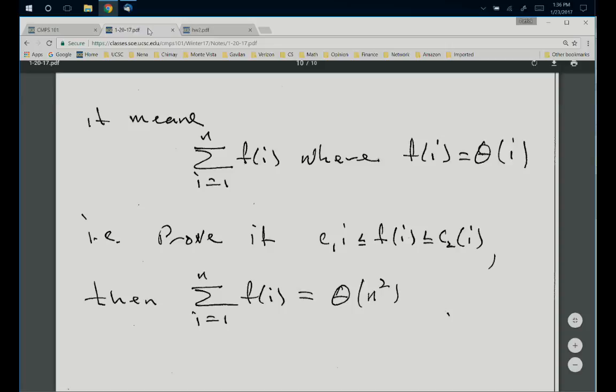All right, so some examples. Functions that are strictly slower growing than other functions. Example: natural log of n is little o of n. Now, why?